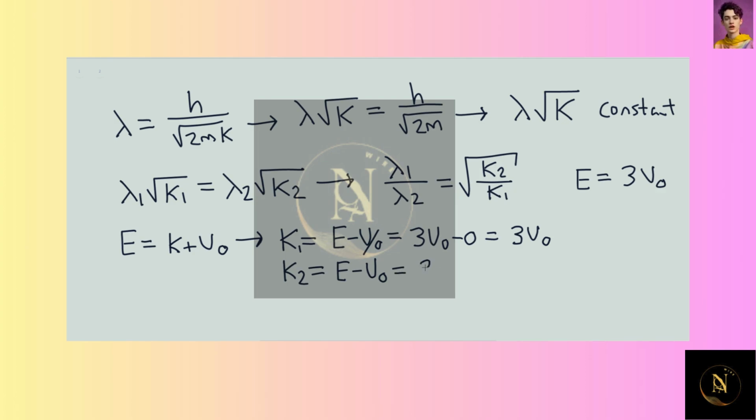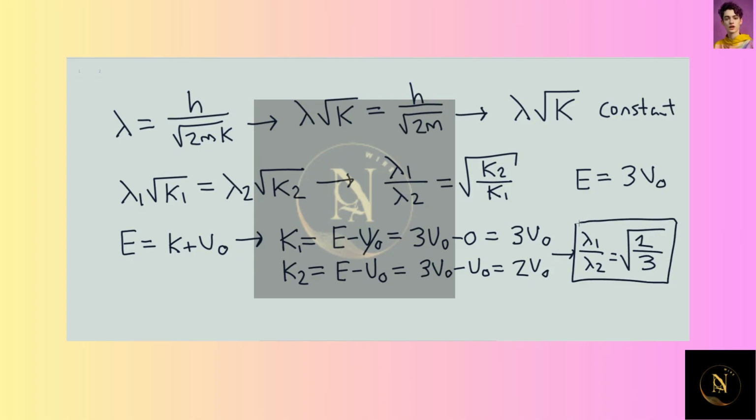We plug in our 3 U naught, and we end up with 2 U naught. This is the kinetic energy it has when it's in the bump. So from this, we can simply plug it in, and we have lambda 1 over lambda 2 equals root 2 over 3. And that's it.